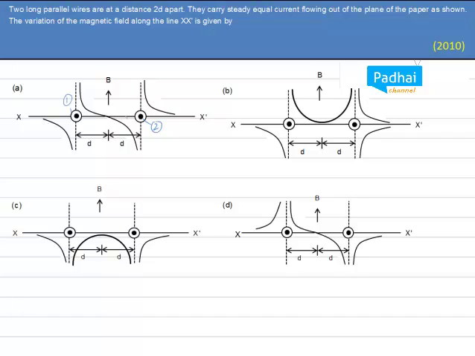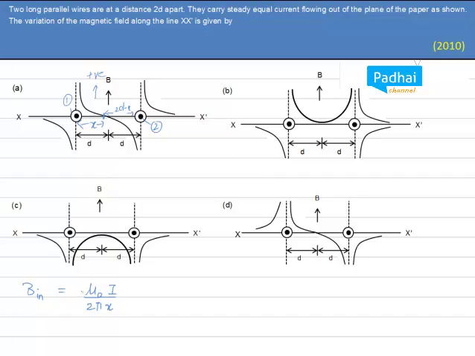This is the line. So how will we calculate this? Now magnetic field in between, right. This will be given by what? Mu naught I by 2 pi x. If x is the distance from, let us suppose, one of the wires, then there will be 2d minus x, right? So the magnetic field will be, upwards we have taken as positive, right?